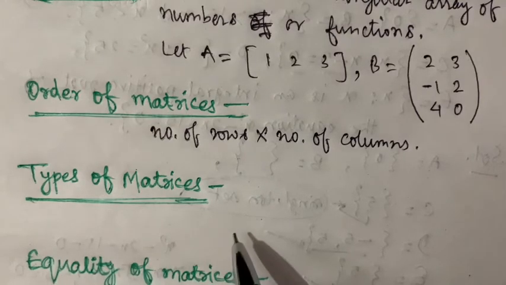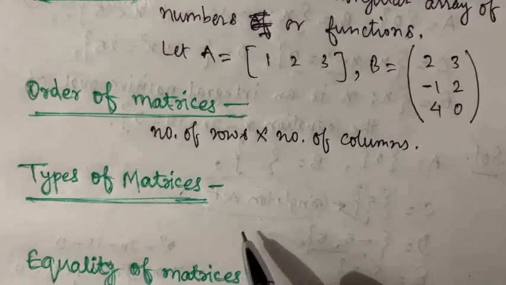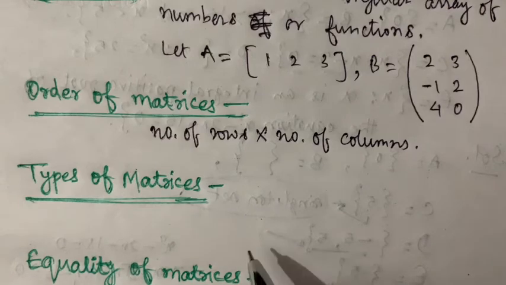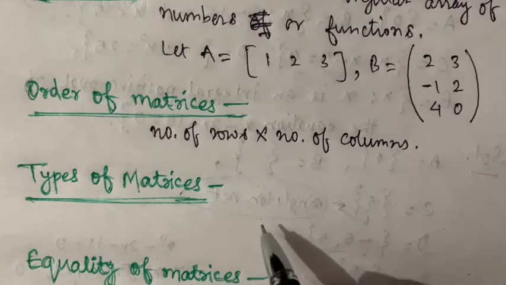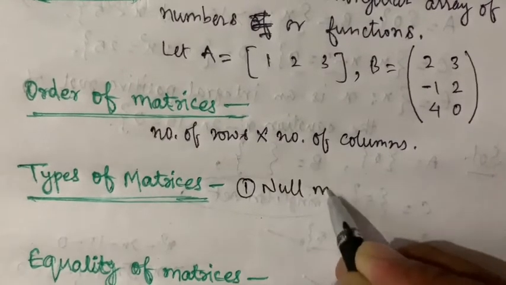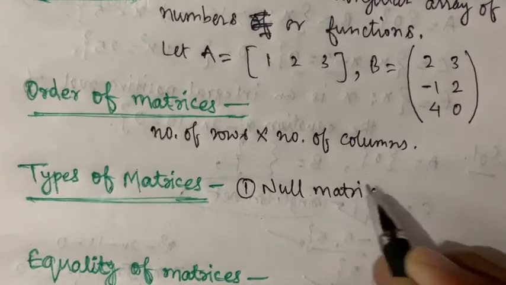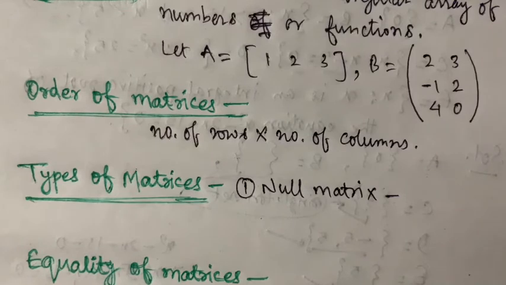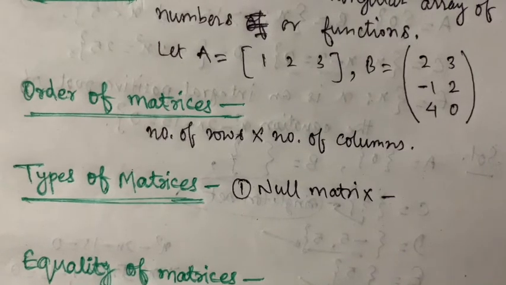Then came types of matrices. We had 7 types of matrices discussed in that session. And that was null matrix. Null matrix is also called the additive identity, because when we add a null matrix to a compatible matrix, we get it unchanged.